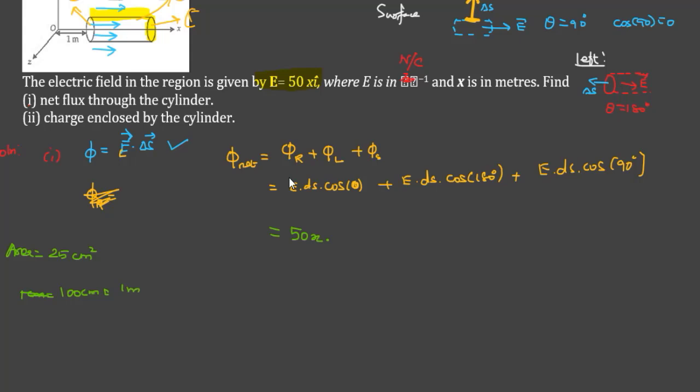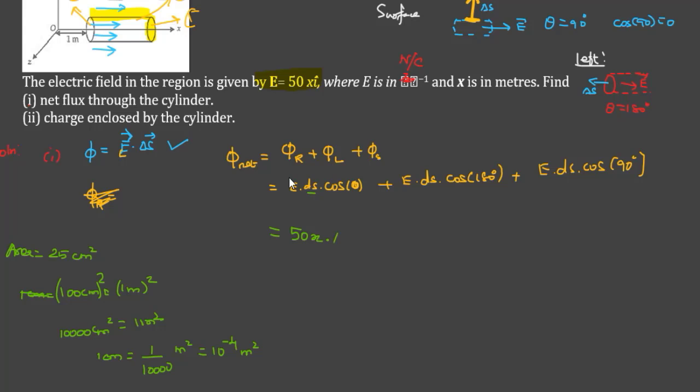We need centimeter square, so I am going to take the whole square. Then 10,000 centimeter square is equal to 1 meter square. Then 1 centimeter square is nothing but 1 divided by 10,000 meter square, which is equal to 10 power minus 4 meter square. Clear?